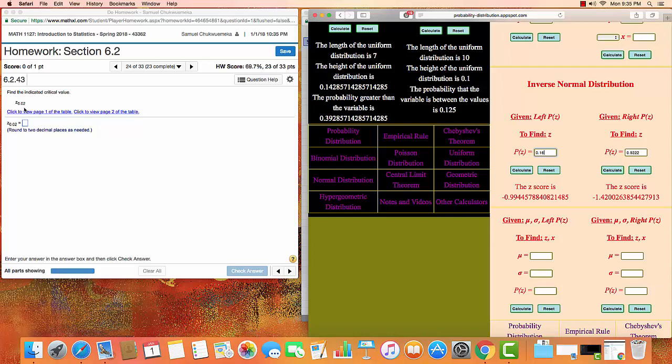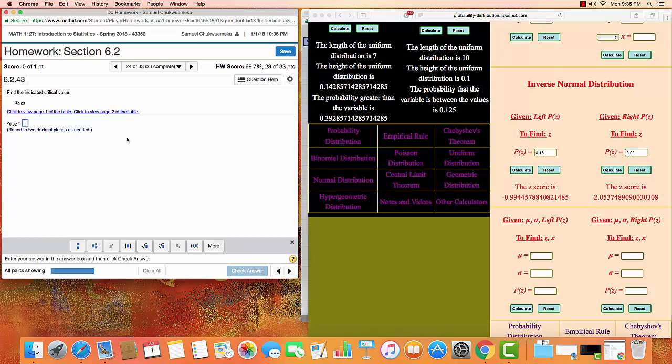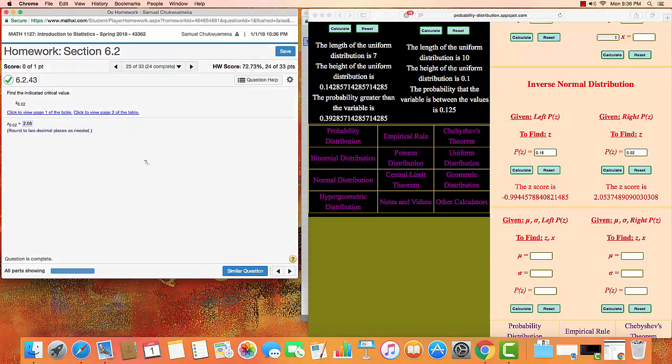But this just means find the z-score corresponding to the area to the right. So we will use the inverse normal distribution, area to the right, 0.02, then enter. So the z-score will be 2.05.